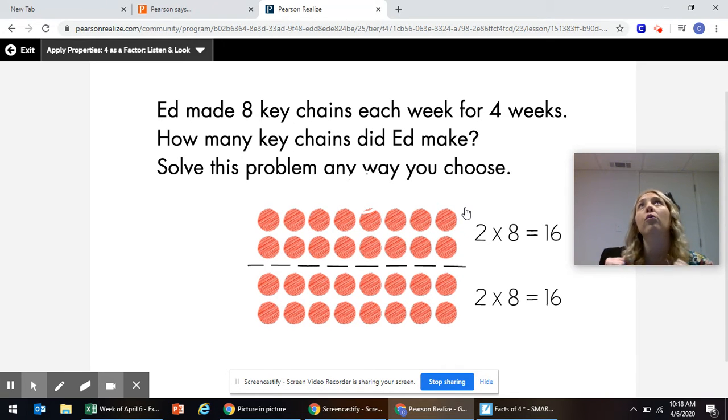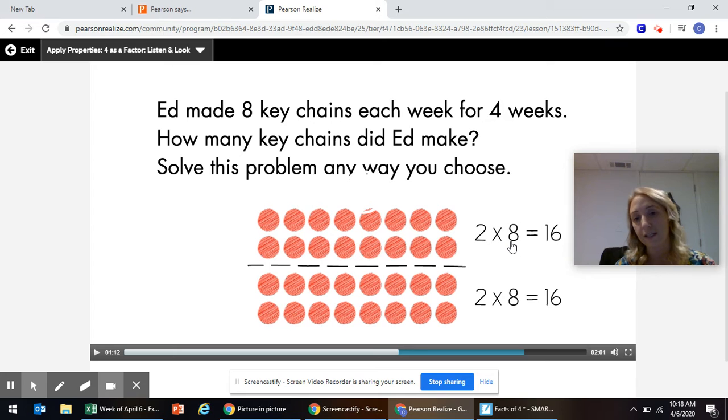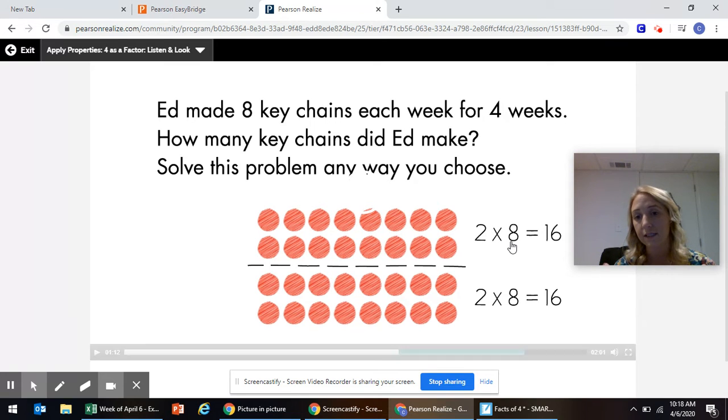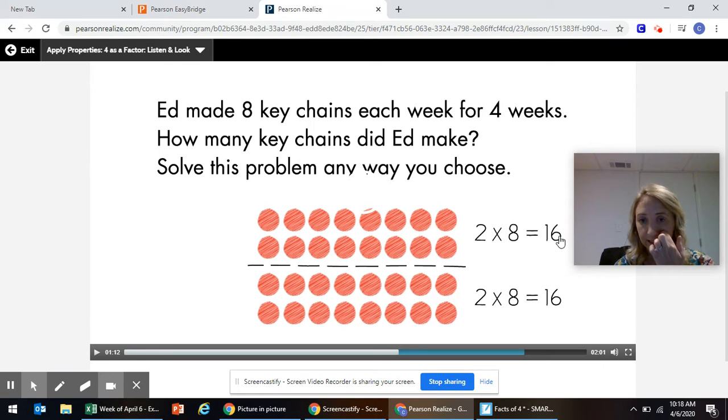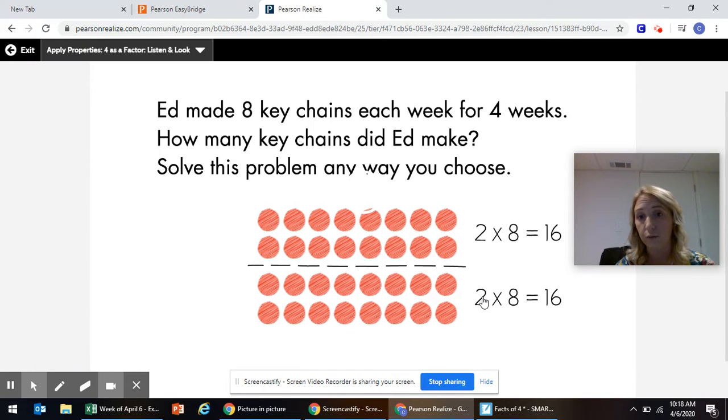And we should all know our 2's because remember your 2's, you're doubling that number. So for 2 times 8, it's just basically adding 8 plus 8, which equals 16. Now what we did is we took this 4 and we split it into a 2 and a 2 because 2 plus 2 equals 4.